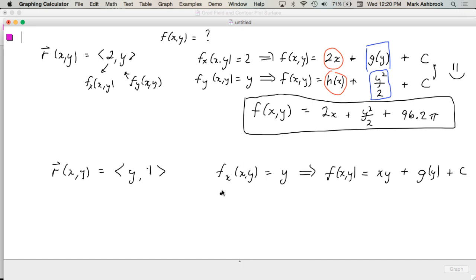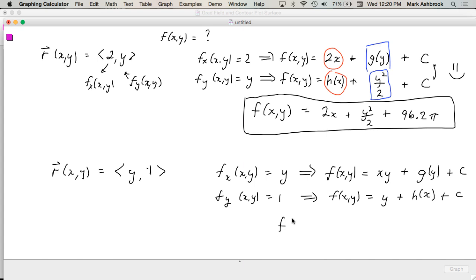All right, and then the partial with respect to y is 1, which means we have a term that is just y. We could have some function just of x, and we could have a constant.